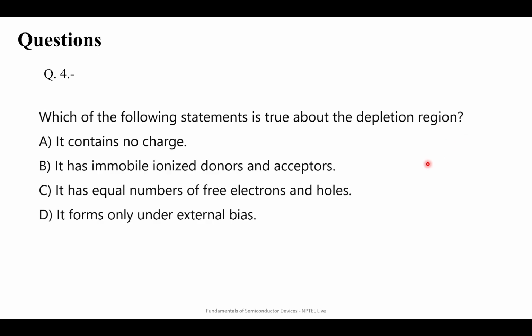Which of the following statements is true about the depletion region? It contains no charge. It has ionized donors and acceptors. It has an equal number of free electrons and holes. It forms only under external bias.